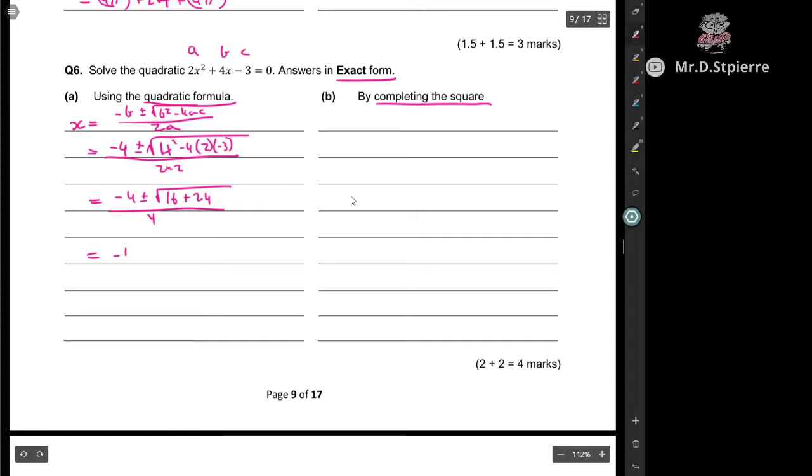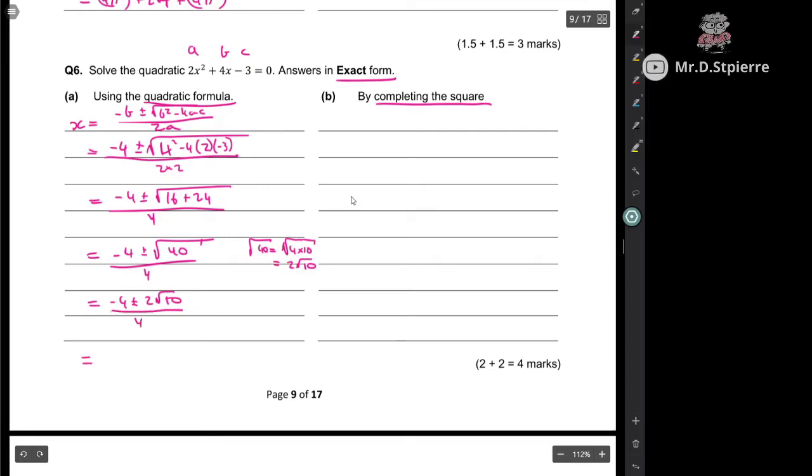That gives us negative 4 plus or minus the square root of 40, divided by 4. We can simplify: the square root of 40 is the same as the square root of 4 times 10, which is equal to 2 root 10. So we get negative 4 plus or minus 2 root 10 on 4.